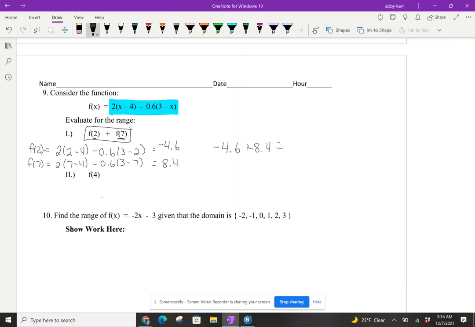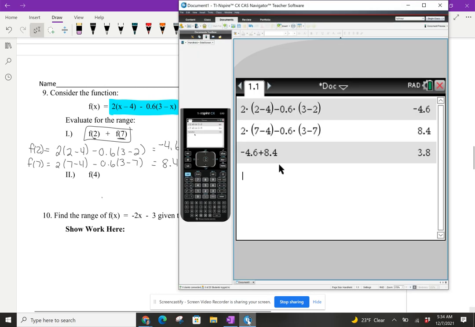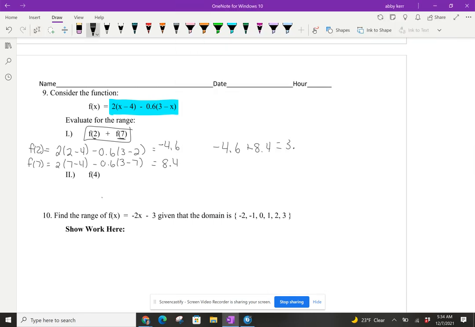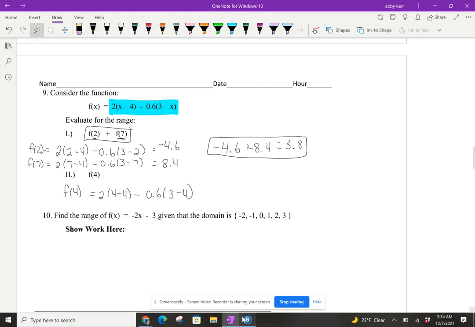So then my answer is 3.8. And now part 2 is just evaluating when it's 4. Notice that I'm not touching the left-hand side. That's just showing the reader what you're plugging in to the equation to evaluate it.